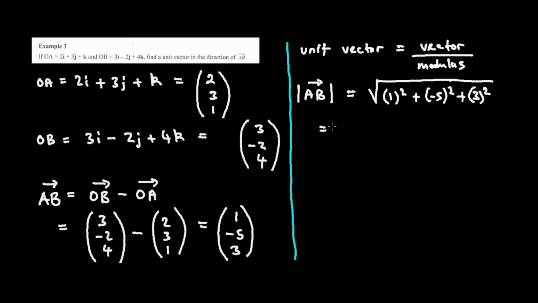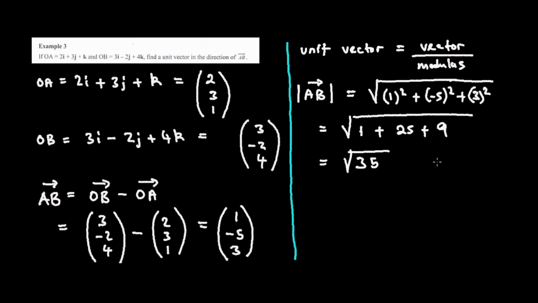And this is equal to what? Square root of 1 plus 25 from minus 5 squared plus 9 from 3 squared. Saka panapa tikati 1 and this 9 gives 10. 10 plus 25 then the 35.